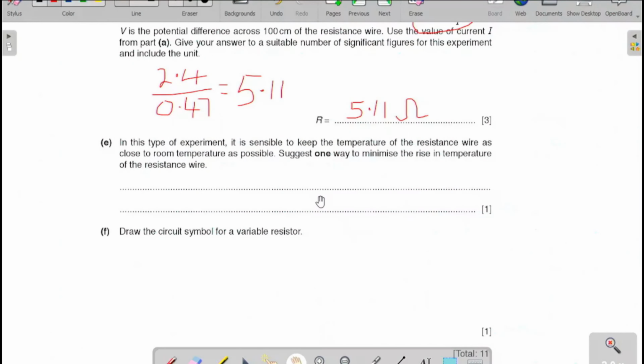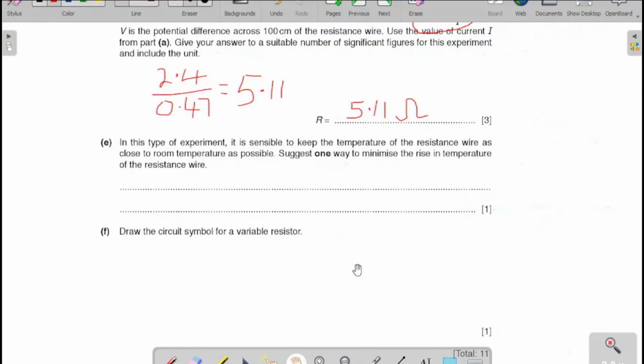Now let's go to the next question. In this type of experiment, it is sensible to keep the temperature of the resistance wire as close to room temperature as possible. Suggest one way to minimize the rise in temperature of the resistance wire. We know that when current increases in a wire, the wire emits heat.